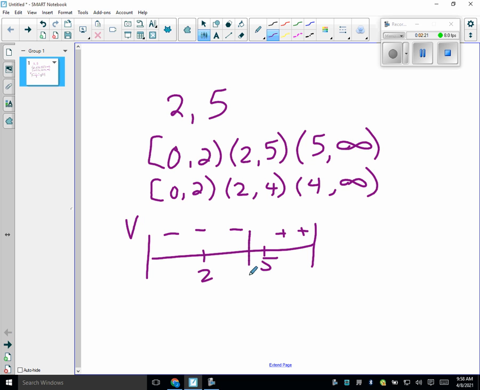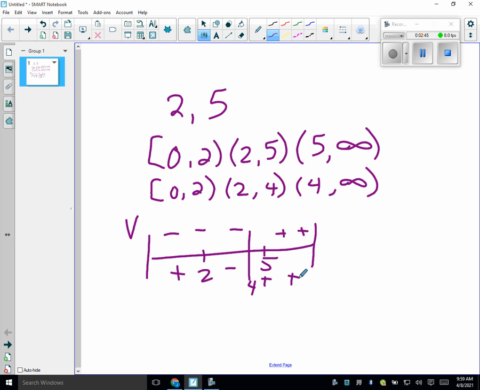So I need a 4 right here, right? And acceleration, did you do it? Yes. I got this. So is velocity negative until 5? Yes.